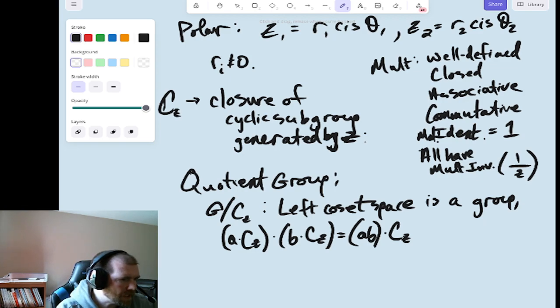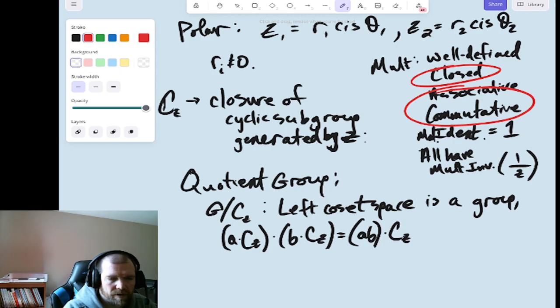So you're taking G, which is the multiplicative group. With complex multiplication, we have that it's closed, associative, and commutative.